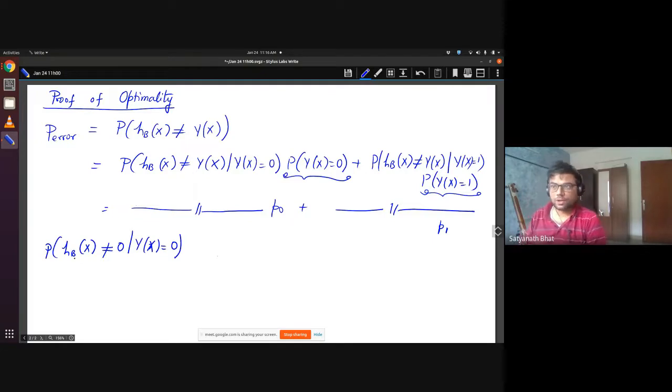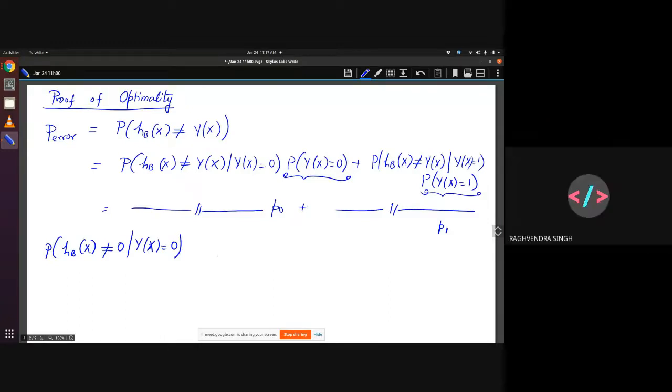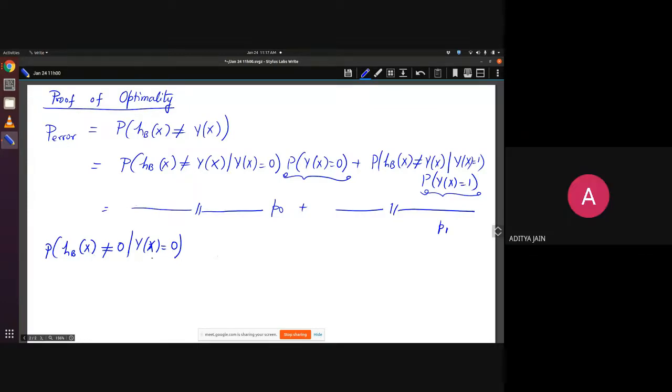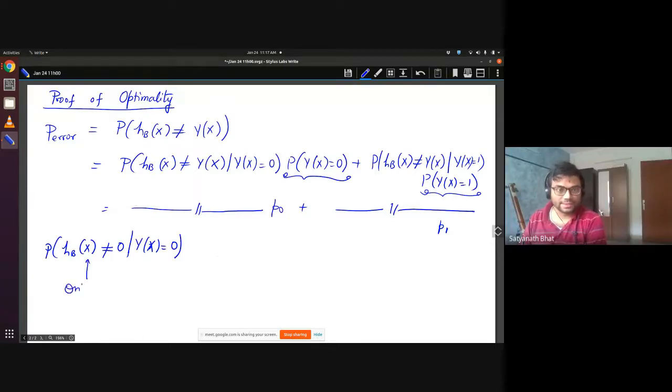So first, when you are talking about this entire expression, we have written it as a probability, right? So what is the source of noise that is coming in? Where is the randomness happening? In X and Y? No, Y I have fixed. I have said Y of X is equal to 0. So only in X, right?